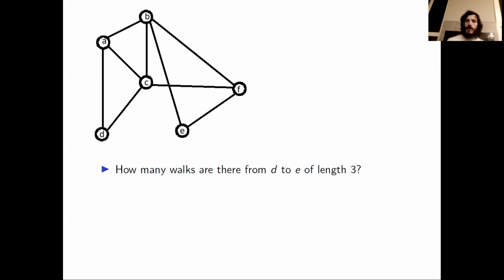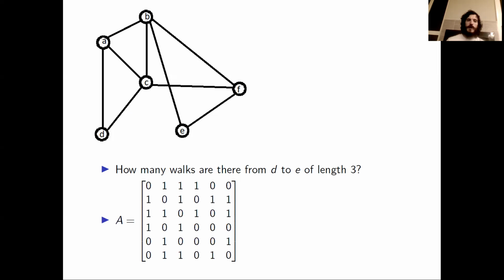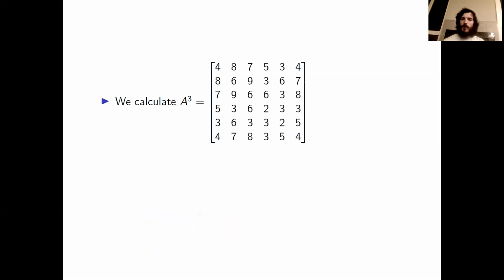So now let's check it with the adjacency matrix. Based on the graph, we can write down an adjacency matrix, and there it is. That's our matrix A. If we want to know the number of walks from D to E of length 3, we'll just raise A to the 3rd power, and we'll look at the 4, 5 entry because we're looking at walks from D to E. The 4, 5 entry, this is 3.